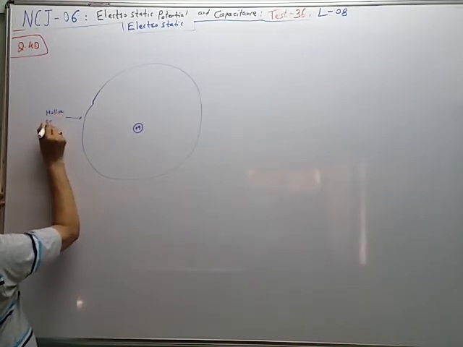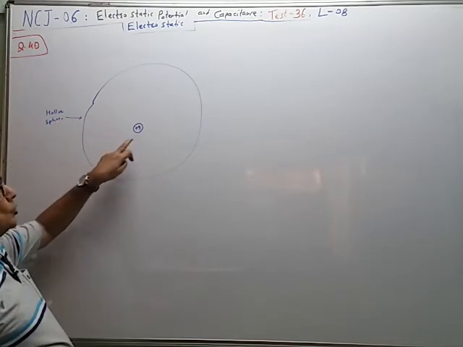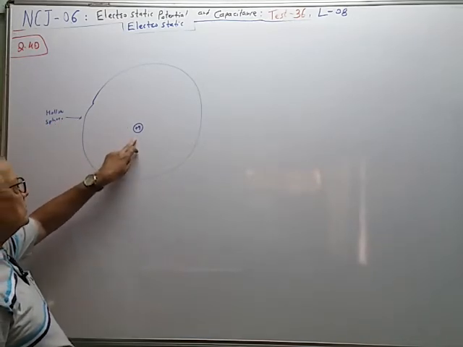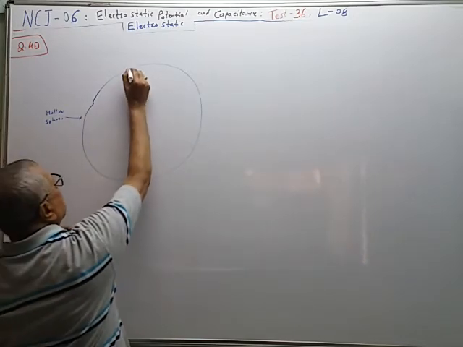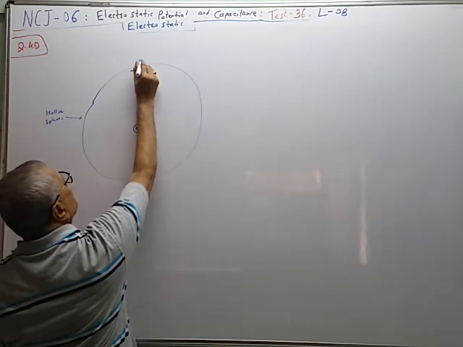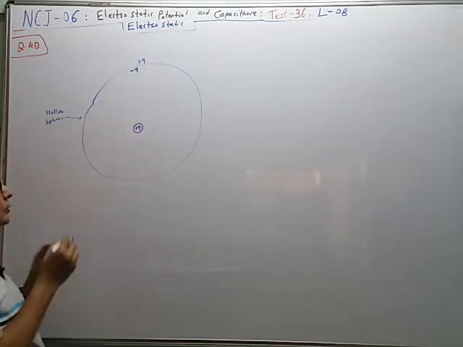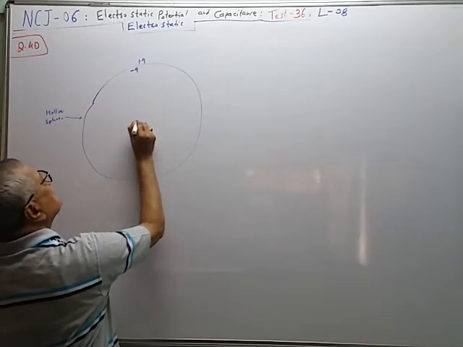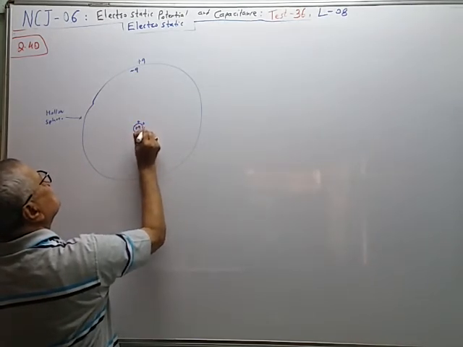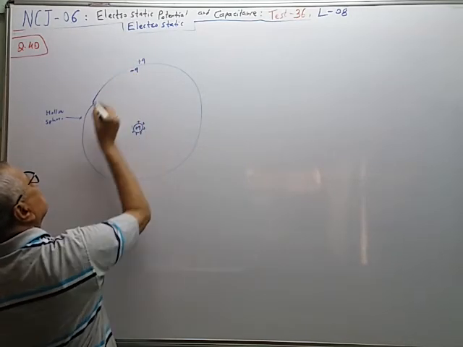This is a hollow sphere. So by the induction process, minus Q charge is produced here and plus Q charge is produced here, and therefore here these are positive charges, here these are negative charges.